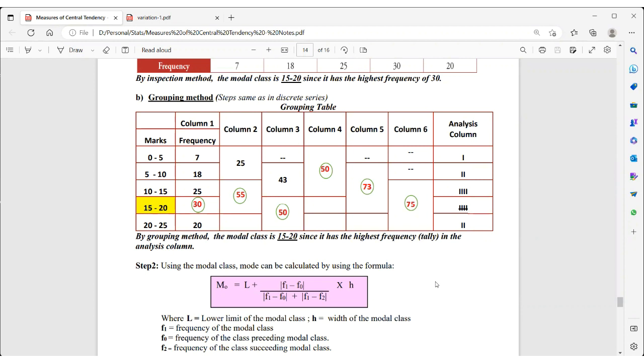So by analysis table, which one is the maximum number? The maximum number is this 5. So we say this is the corresponding value. This is the model class, and they mark it with yellow. This is the model class.